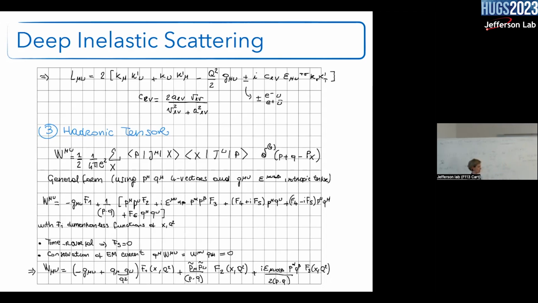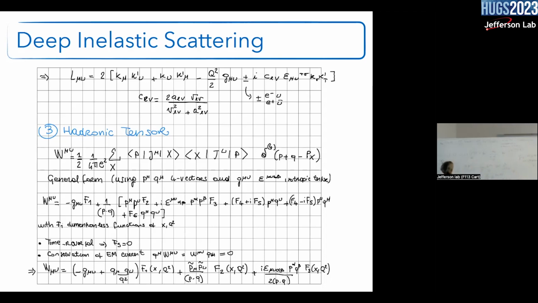You remember the usual thing that you always have whenever you have the amplitude, that Q mu W mu nu is equal to 0, okay? Whenever you go on shell with the photon you have that. And this thing kills other combinations. So you kill F4 and F6 equal to 0, okay?